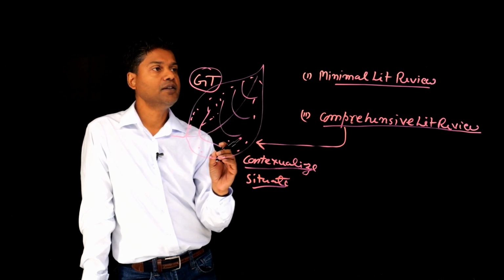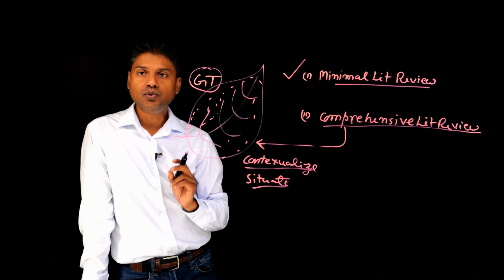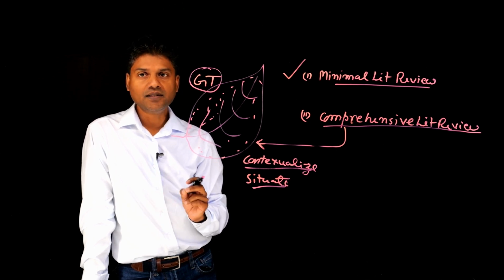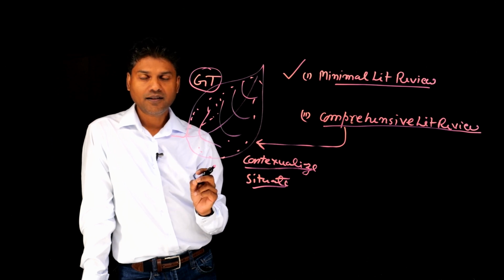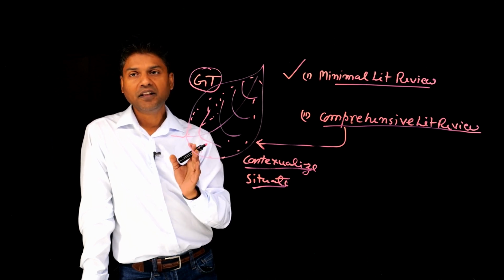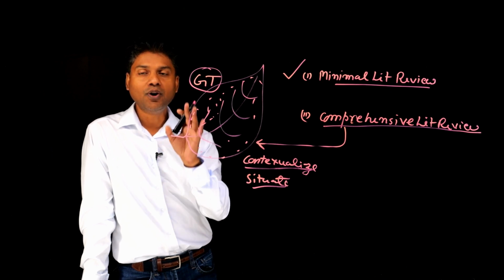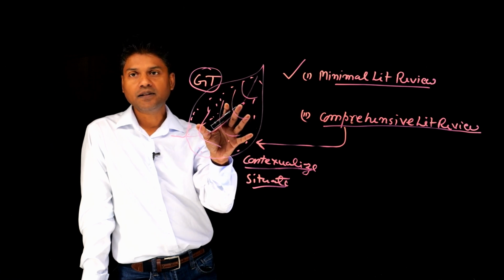So in grounded theory, you start with a minimal literature review. You do not do a comprehensive literature review. And the reason is you do not want to get biased by learning all the theories and concepts in your field. You want to maintain a fresh eye when you are looking at the data.